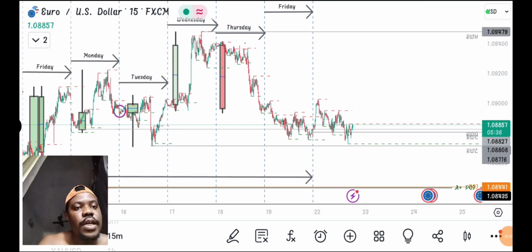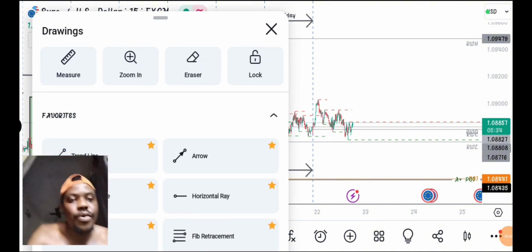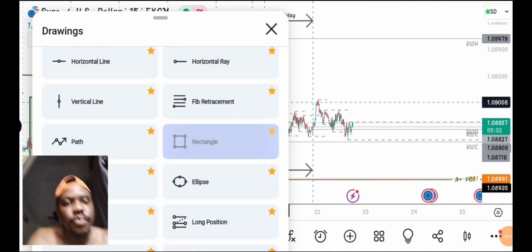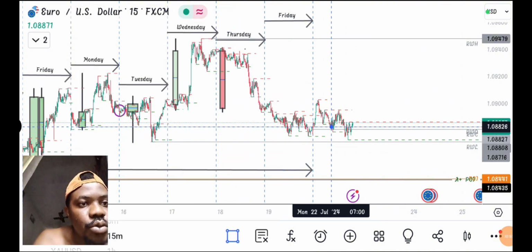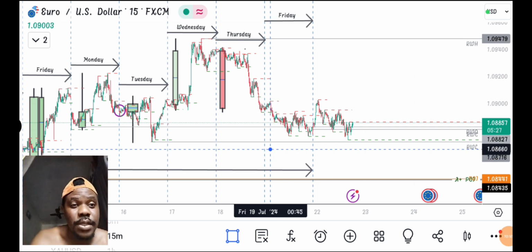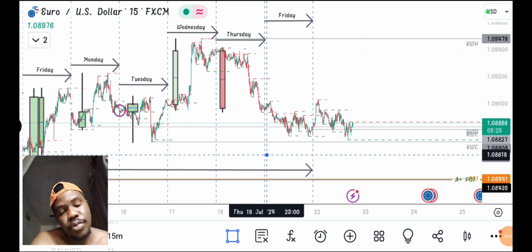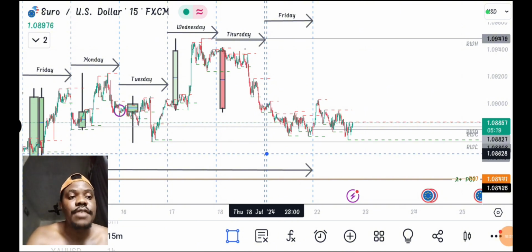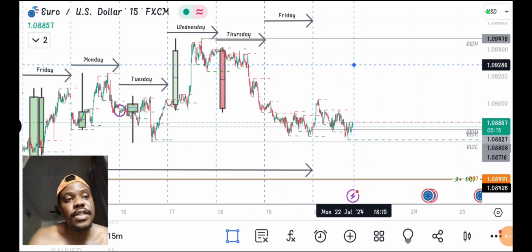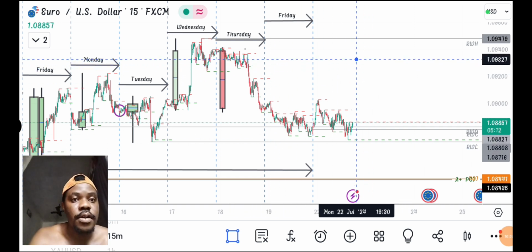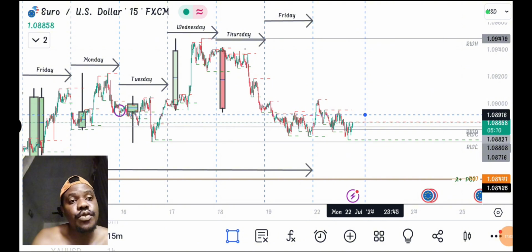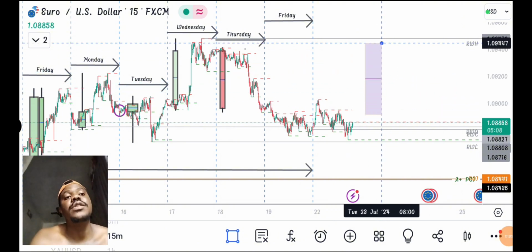We want to take out our rectangle tool. We take out our rectangle tool and we draw from the open to the close. You don't want to draw from the close to the open because you want to start from where that candlestick opens so that you know exactly if it's a bearish candlestick or a bullish candlestick. Remember, a bullish candlestick opens from below and closes above.